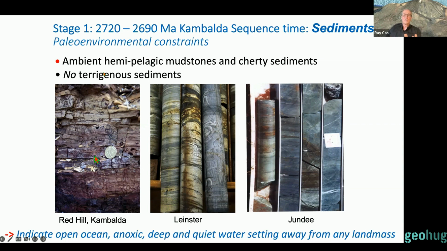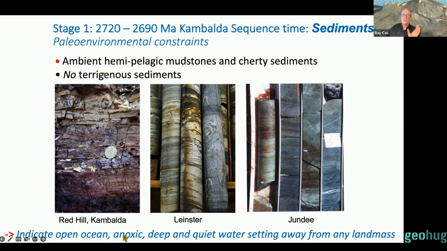So what this tells us about this suite of mudstones, which are all variably metamorphosed from sub-greenschist up into upper greenschist and lowest amphibolite, is that we can always recognize this mudstone character. And that tells us that the paleoenvironment throughout the Kalgoorlie Terrane was an open ocean.